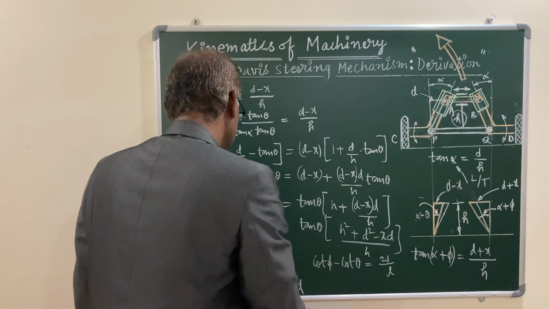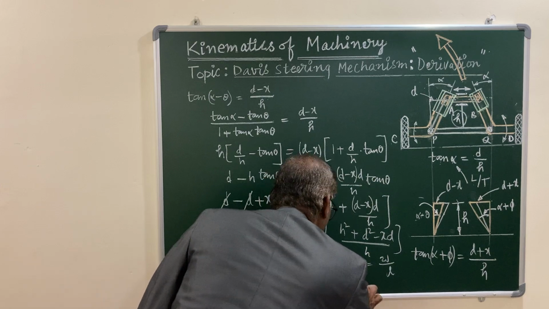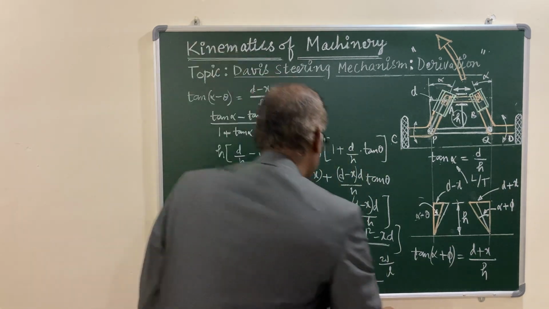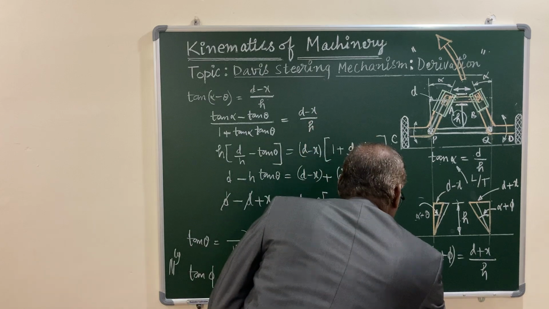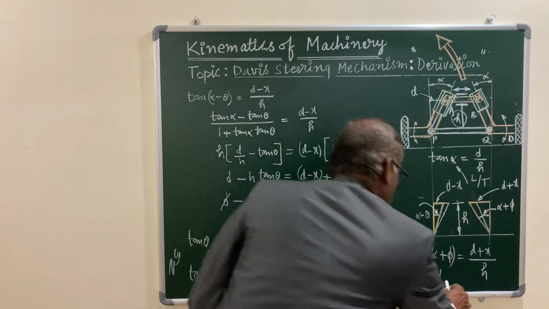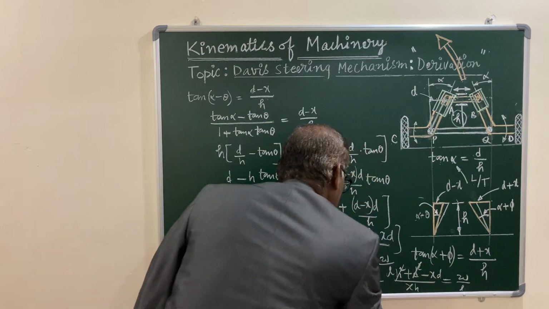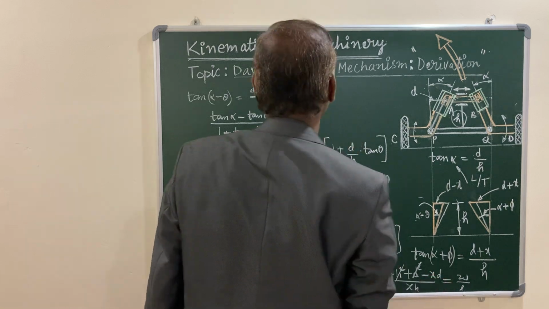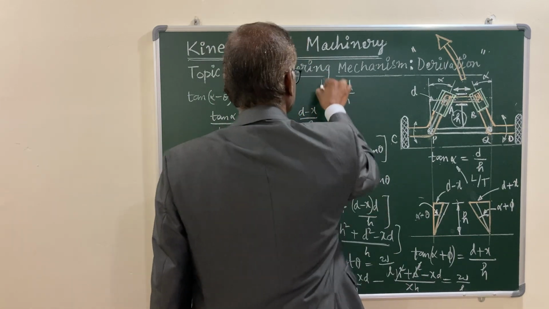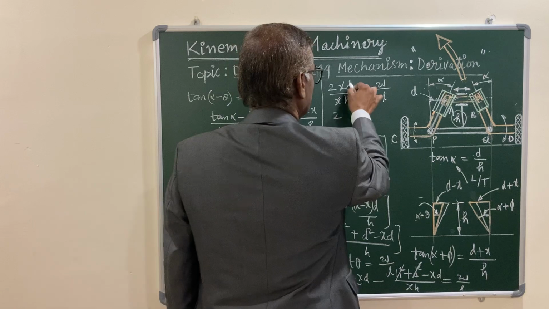Here cot phi is the reciprocal of this, that is (h square plus d square plus xd) divided by xh, minus cot theta, which is (h square plus d square minus xd) divided by xh, equals W by L. So here h square and d square get cancelled, and the leftover terms xd plus xd become 2xd divided by xh, equals W by L. You can further simplify here. d by h is nothing but your tan alpha.